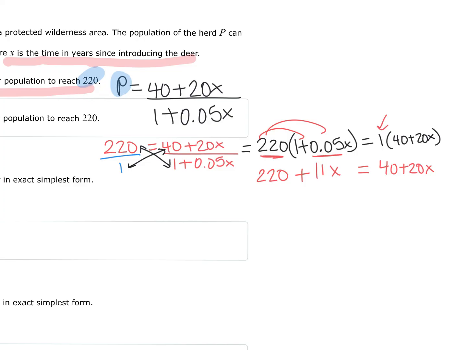Then I'm going to get my numbers on one side of the equal sign, so I'm going to subtract 220 from both sides. That will give me negative 180. And then I divide both sides by negative 9, and I end up with 20.